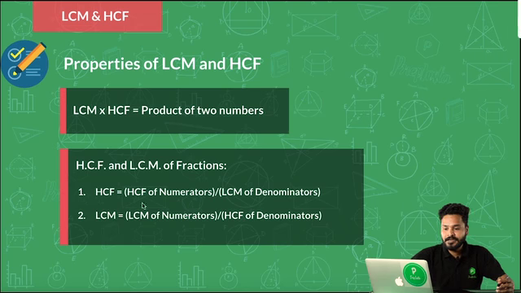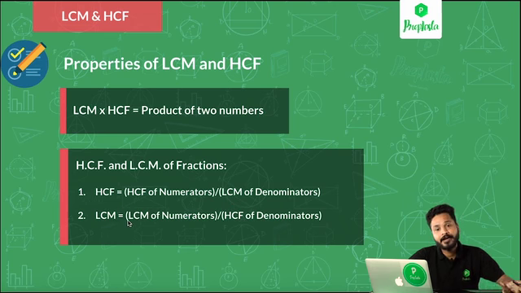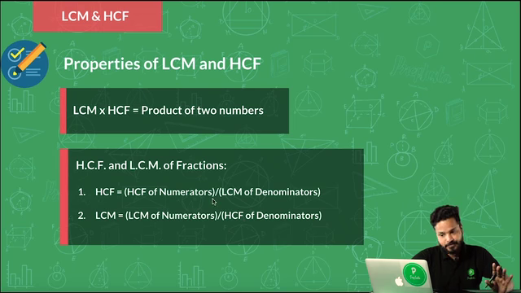So you can see a relationship here: when we find the HCF, for the numerators we find the HCF and for the denominators we find the LCM, and we divide. Similarly, to find the LCM, we find the LCM of the numerators and the HCF of the denominators and we divide them. So these are two important properties which will be helpful for you in the exam while solving questions.